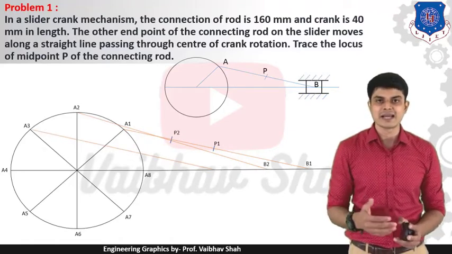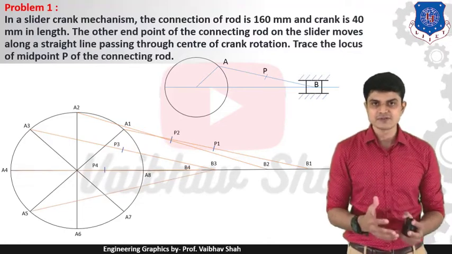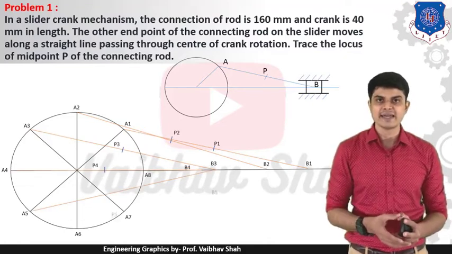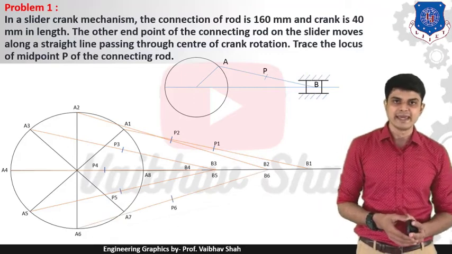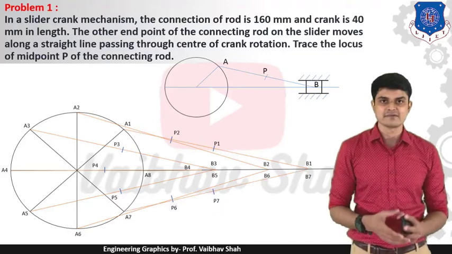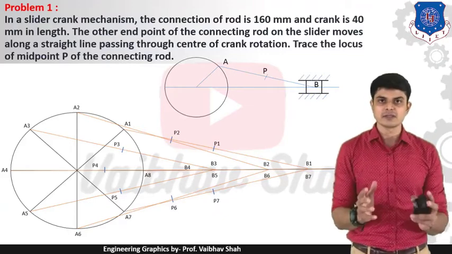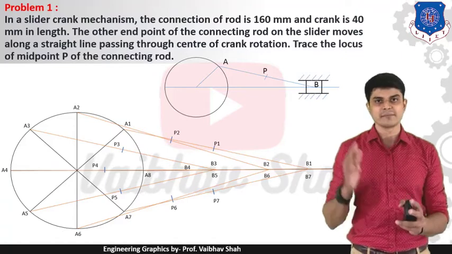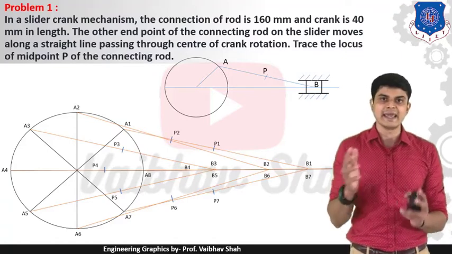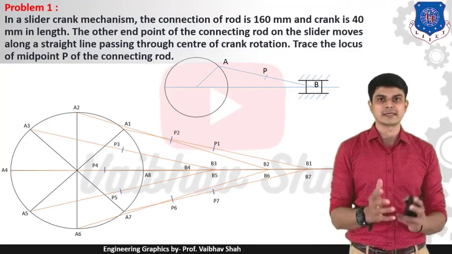Similarly, we will draw the lines from A3, then A4, then A5, then A6, then A7, and finally A8. So we have drawn all the connecting rod lines from A1 till A8. We are tracing a total of 8 positions of your connecting rod.